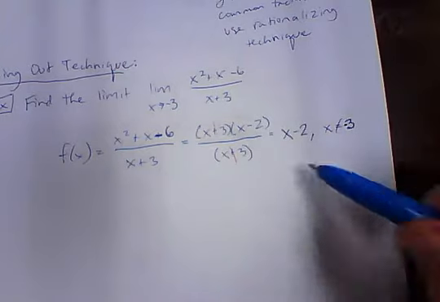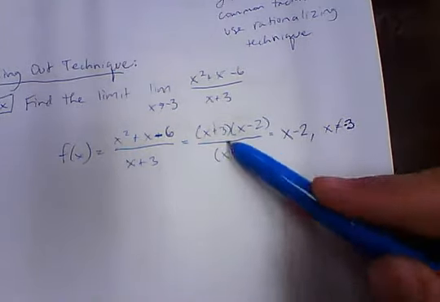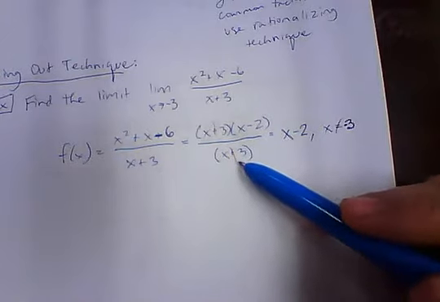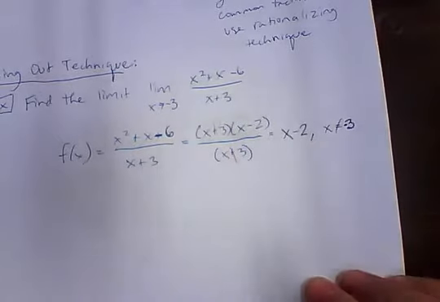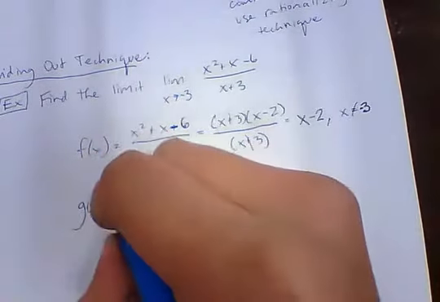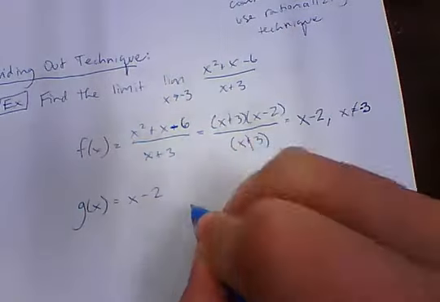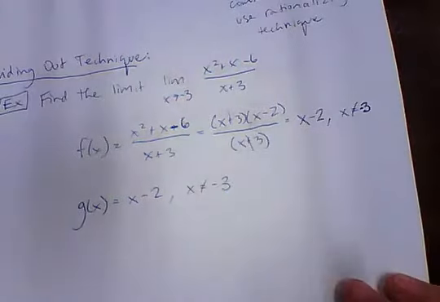X is not equal to negative 3 because that would have made the bottom here 0, so it would have made it undefined. It's important that we still stipulate that. So now what we can say is that g of x equals x minus 2, where x is not equal to negative 3.